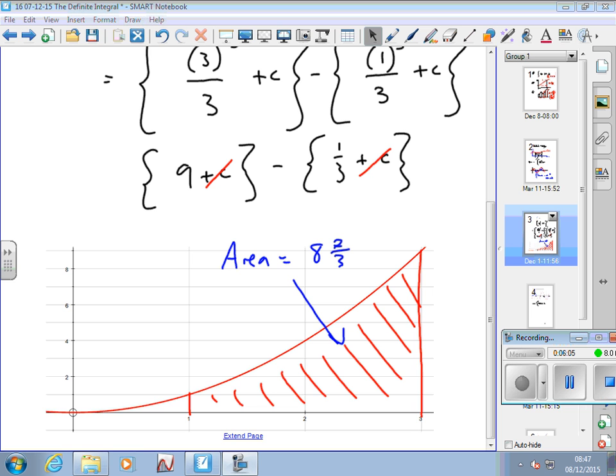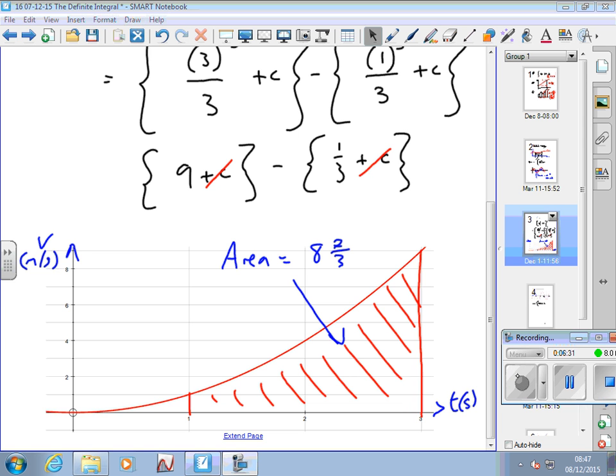Now that area might represent something. If I'd plotted up here velocity and along here time, so in other words, we had velocity measured in meters per second and time measured in seconds, that area would represent something about that motion. What would it represent?